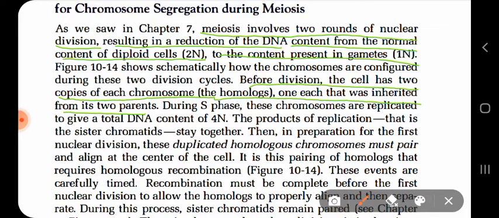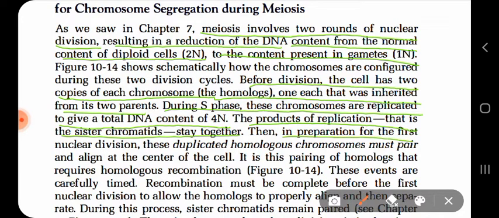So during interphase, the cell will have two copies of each chromosome, the homologs. During the S phase, these chromosomes are replicated to give a total DNA content of 4n, and the products of replication, the sister chromatids, will stay together.